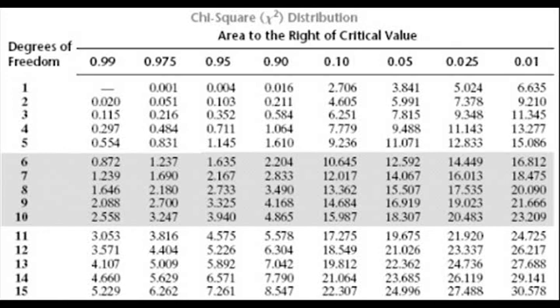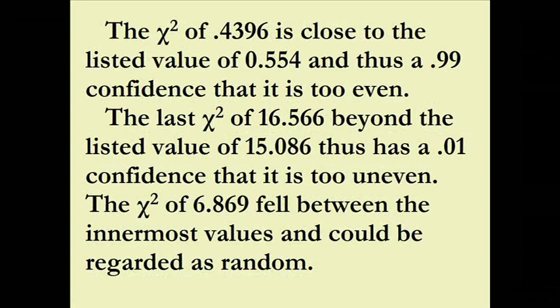it's too even. Well, let's summarize. In our first scenario, which if you recall, we only changed one student from one class to another class in terms of type, and we got a 0.439 versus the table value of 0.55, and it was at the 99% level that it was just too even.